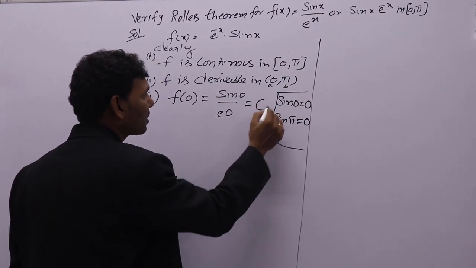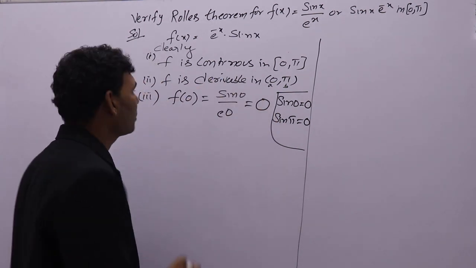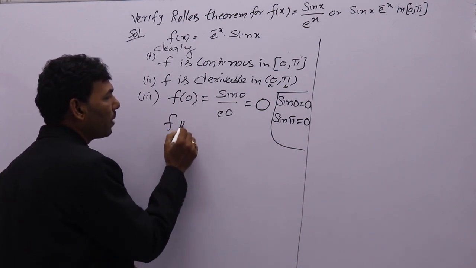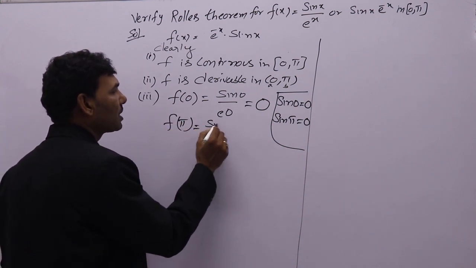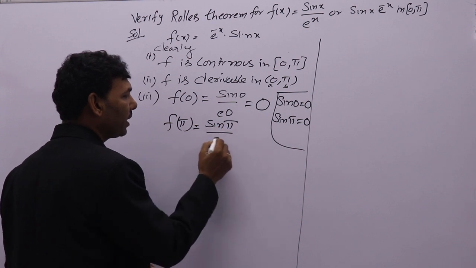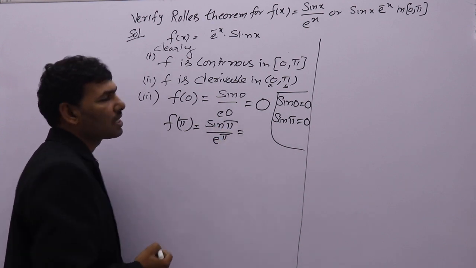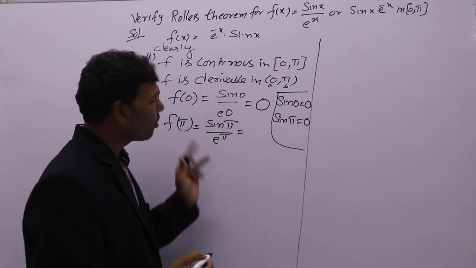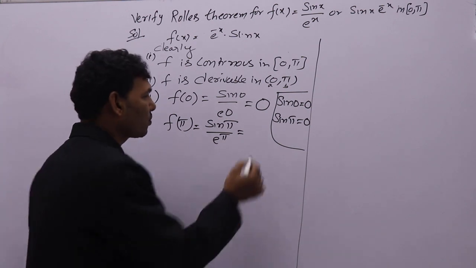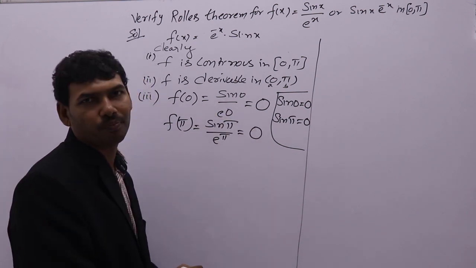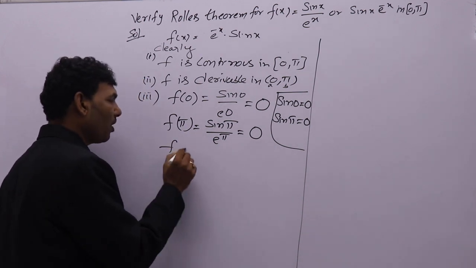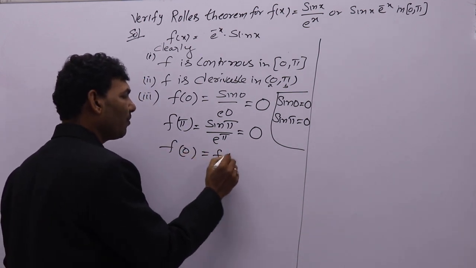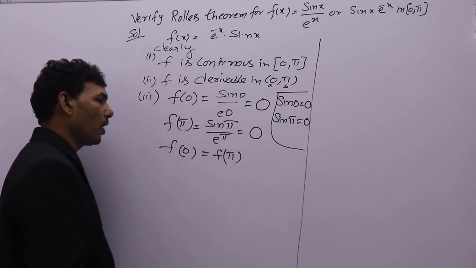That means f of 0 is 0. Similarly, f of pi. Just now I said sin pi by e power pi. Sin pi is 0. 0 by anything is 0. That's why 0.